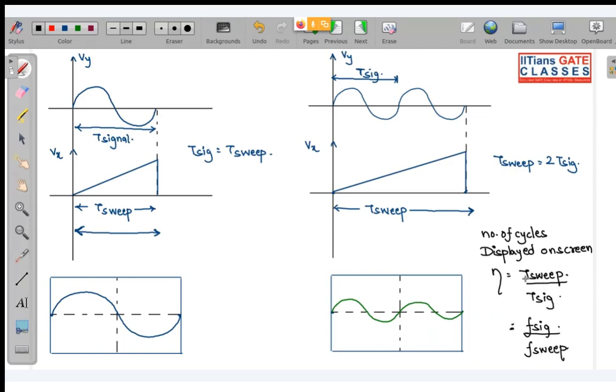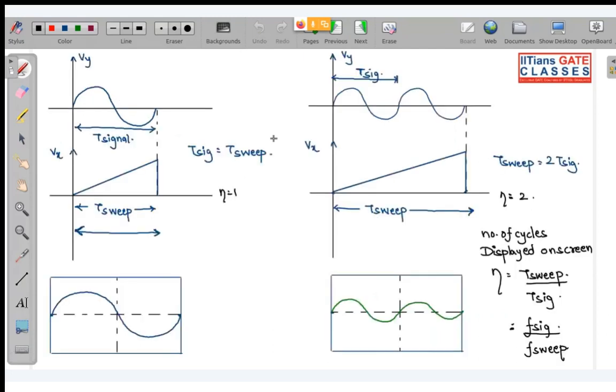In this case eta is equal to 2. In this case eta is equal to 1, because time period of sweep is equal to time period of signal. Okay, clear up to this point? Clear?